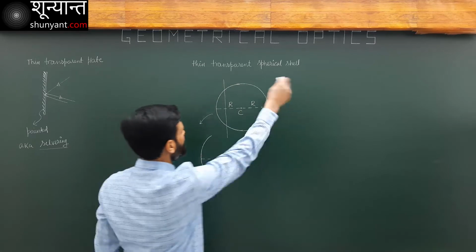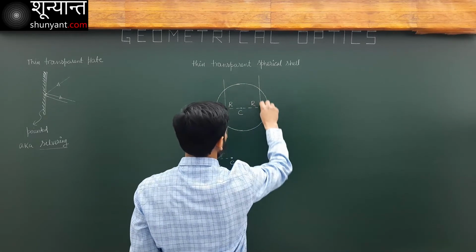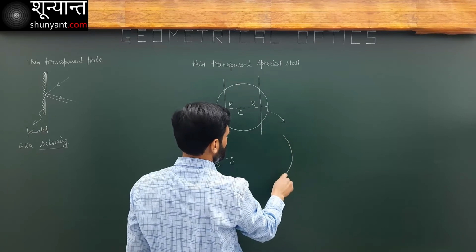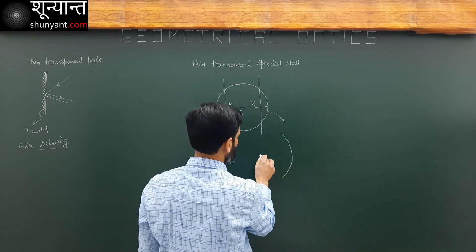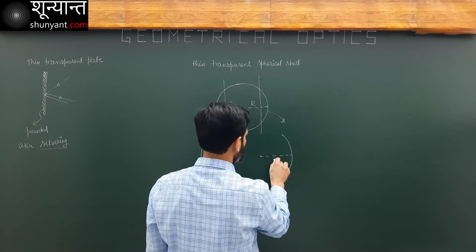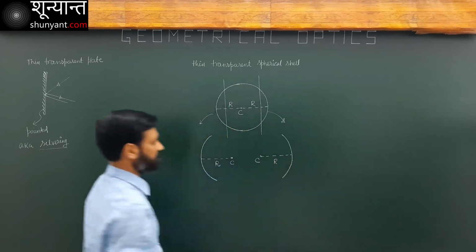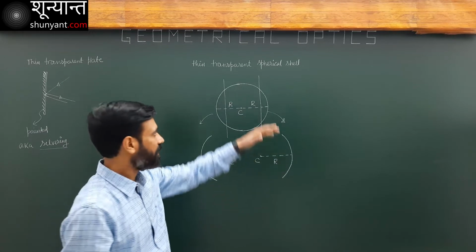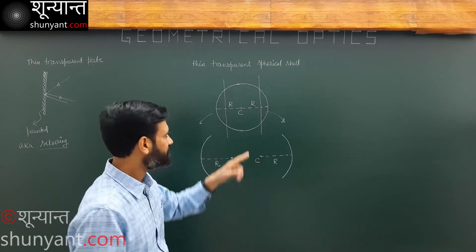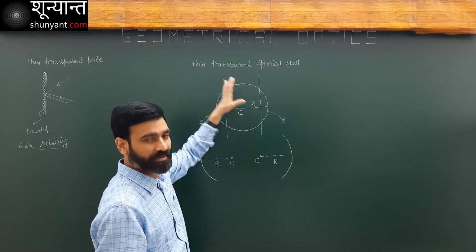Now let me cut out one other portion, like this. This also is going to have its center and the same radius. If I cut it like this, it is going to have the same radius as this spherical shell.